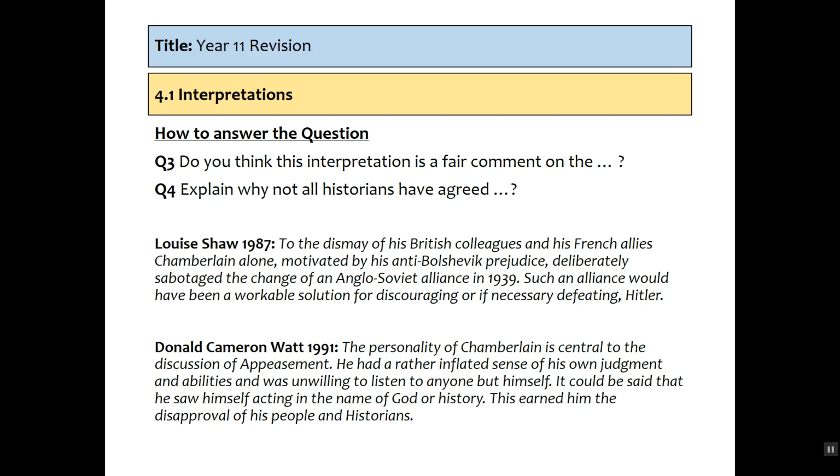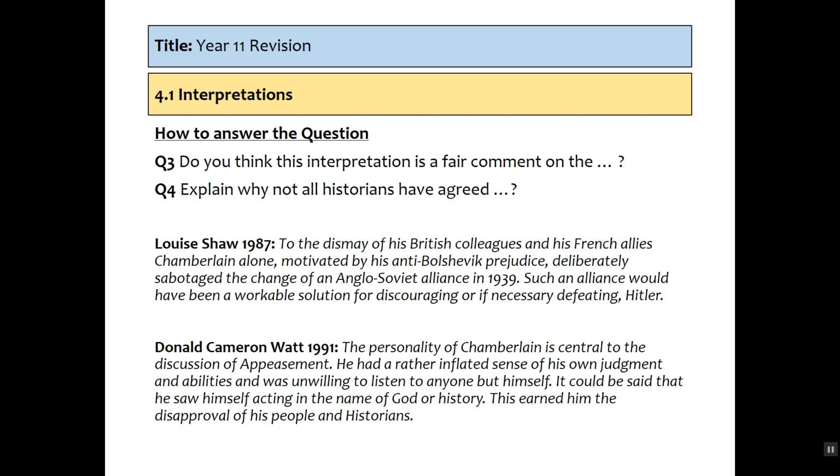What's this source saying? It's blaming Chamberlain. It's saying that he and Daladier chose to sabotage any chance of a partnership with the USSR because they feared communism, and that scuppered any attempt at an alliance that would have been able to defeat Hitler. Who does it blame? Neville Chamberlain, to some extent, saying he's naive. So this is a revisionist view.